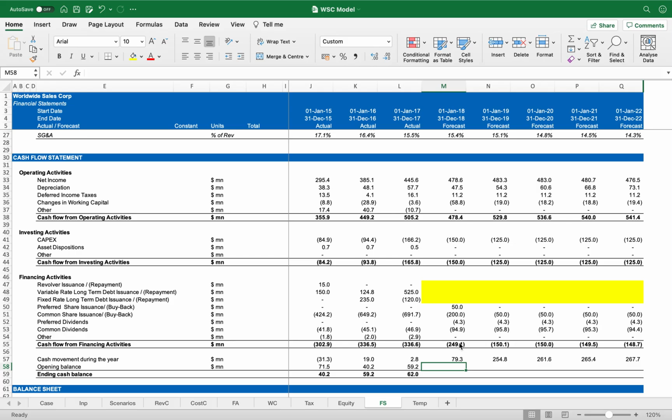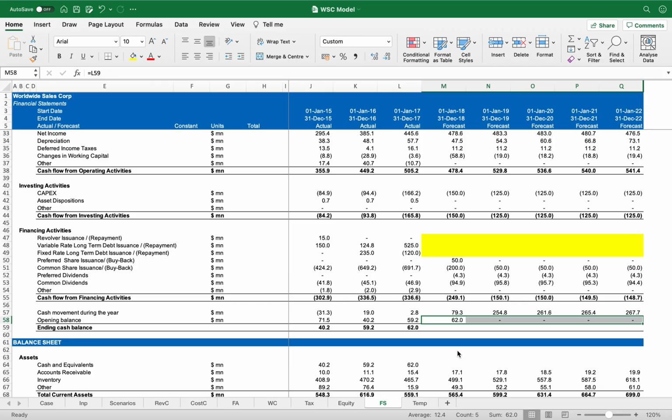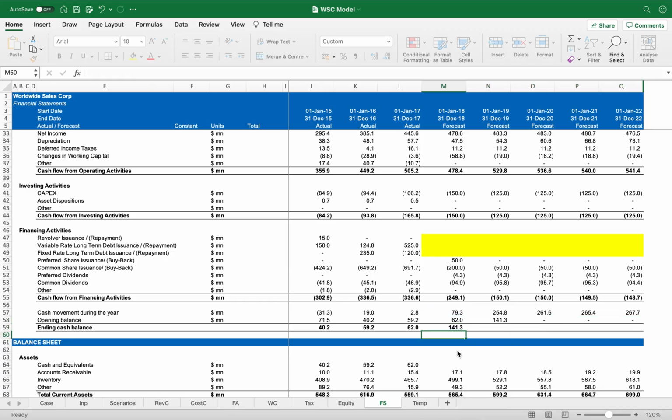So, what will be the opening cash balance in 2018? The closing cash balance of 2017. All right. So, is it the same as balance sheet? Yes. Perfect. So, don't forget to put in the totals. Okay, fair enough.